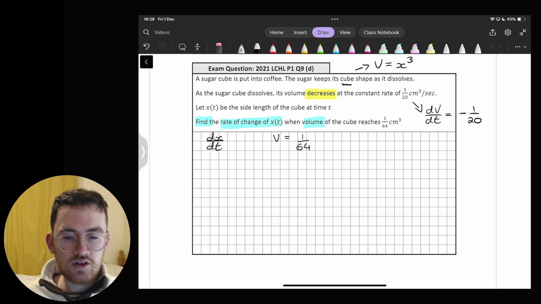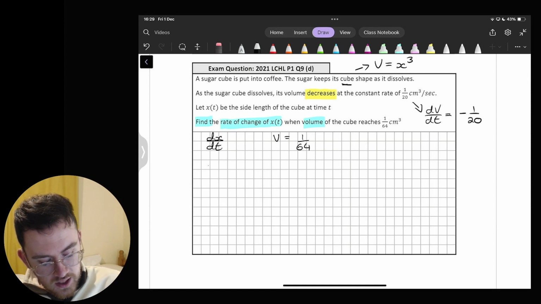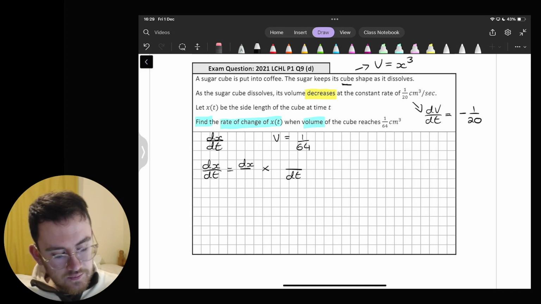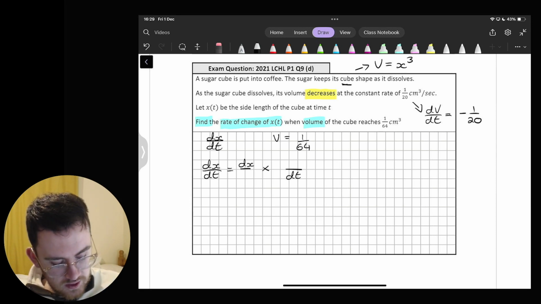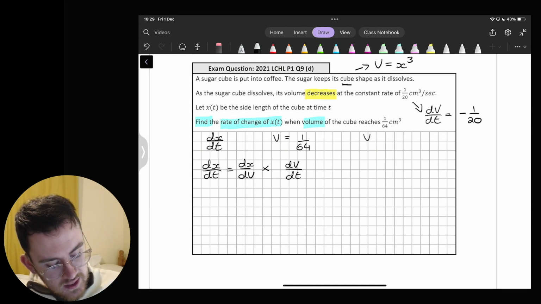Now I'm not given a function for the side length at a particular time, so I'm going to have to use a related rate of change here. So let's lay this out. This is what I want to have. So I need to have dt here and I need to have dx here. Looking at the information I have available to me, I can find dV/dt and I could find dx/dV as well. So let's make note of everything here.